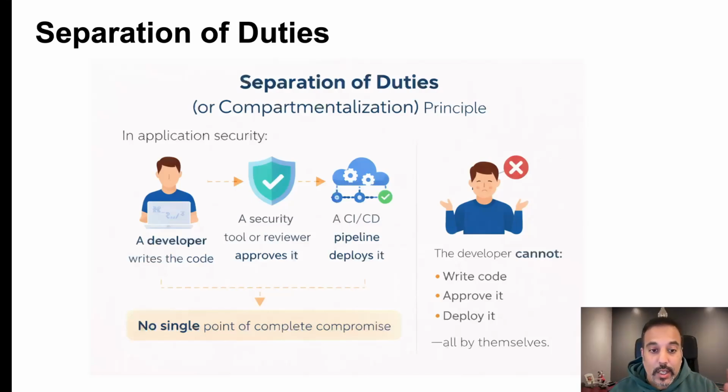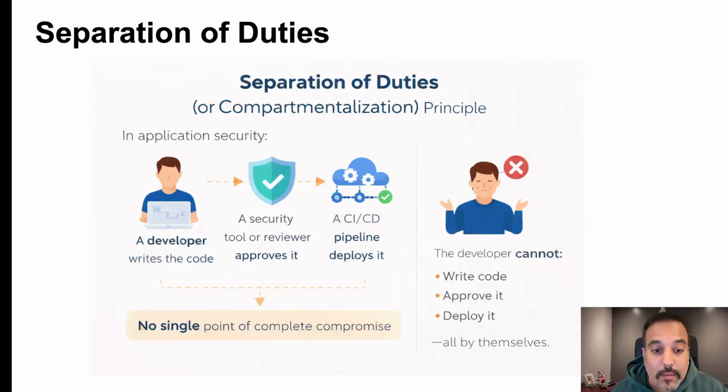So each process or each person has their own specific responsibility to perform. Why is it important? Separation of duties prevents fraud. Just taking an example, if a developer is the one who writes the code, approves it, and deploys it, there is a chance they can publish the code without anyone's approval, and that causes an issue.